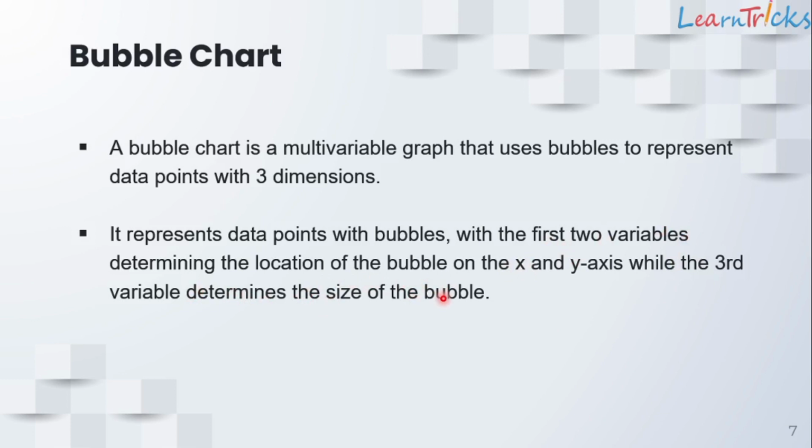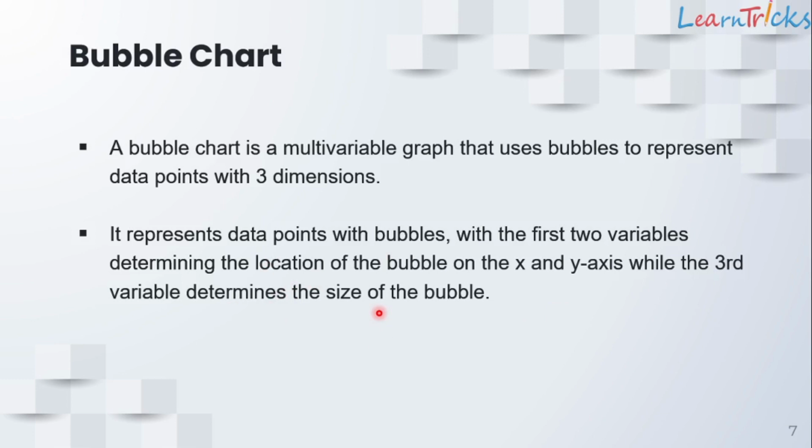We are using circular points, just like the dot type or circular markers in a scatter plot, but in a scatter plot the radius of all the circular markers is the same, whereas in a bubble chart the radius changes as the third variable changes.